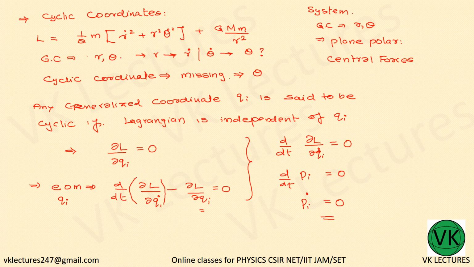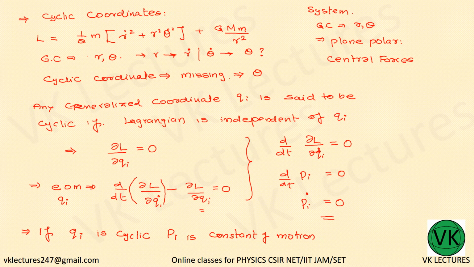Thus we can conclude that if qi is cyclic, then pi is a constant of motion. That means there is no change of pi with respect to time.